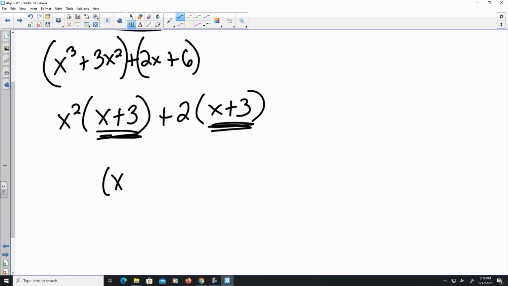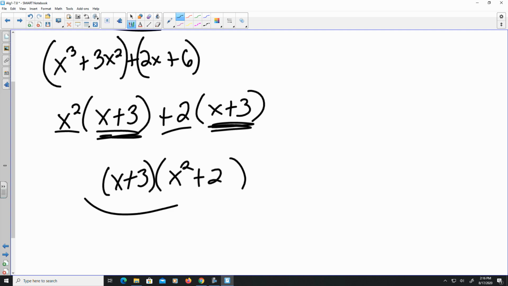So we've got x plus 3. The rest of the parentheses is what's left over, x squared plus 2. The last thing you have to do is take a look at each set of parentheses and see if you can factor out even further. In this case, you can't. So that is my factored completely polynomial.